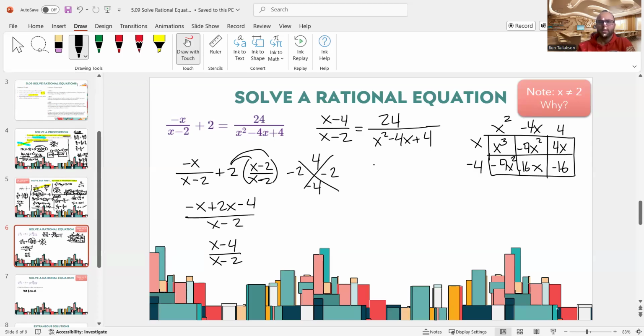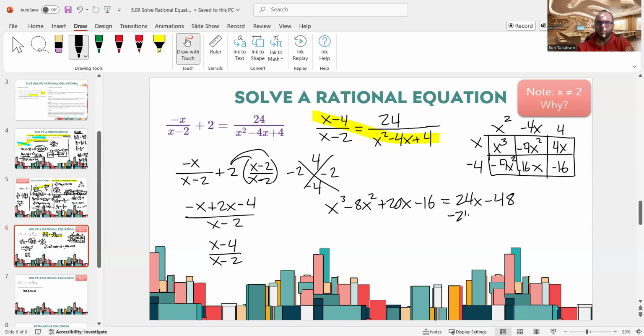Okay, so I'm going to get, this was cross multiplying these two, right? So on one side of my equation, I'm going to get this. Let's see, we had 16x plus 4x, and then minus 16 equals 24 times x, and then 24 times -2.